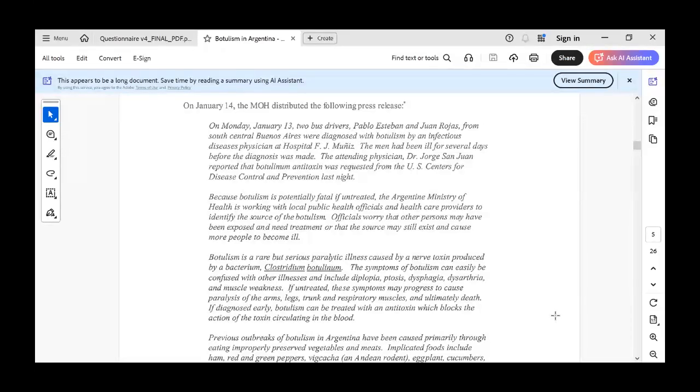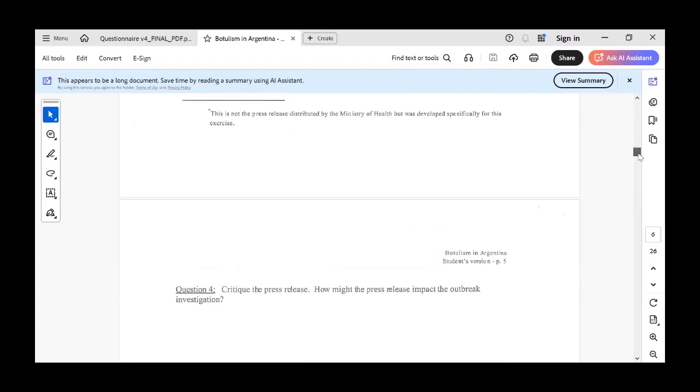And so even if I have some symptoms, because I'm not associated with that bus company and route, it is not botulism. And similarly, the physicians might also be less likely to test because now you've put it out there that this is the bus route with the problem. So it could also lead to some selection bias.